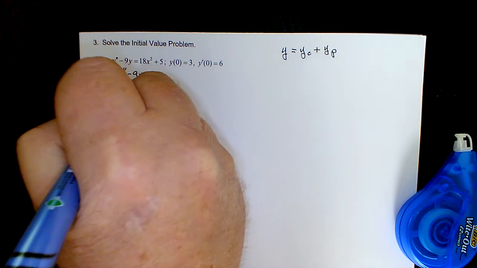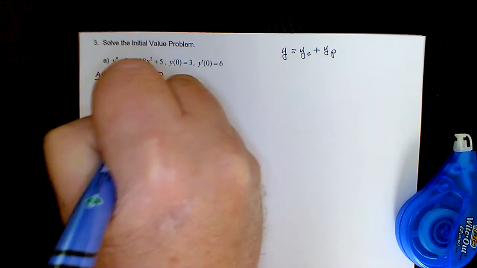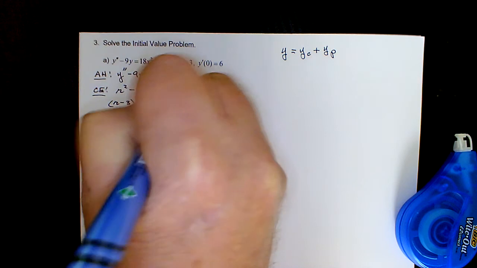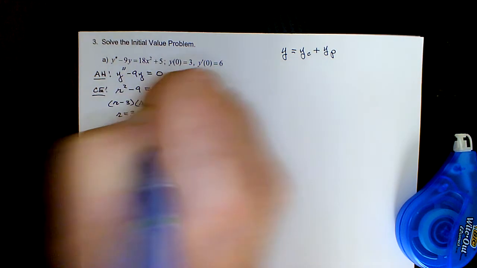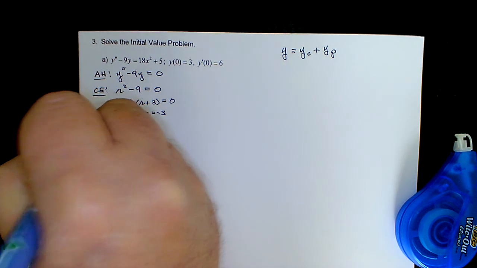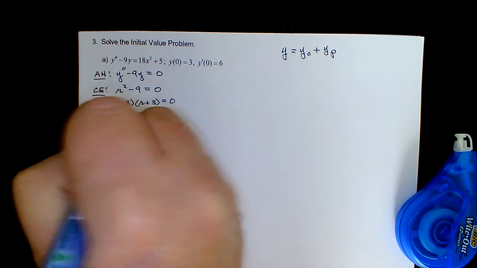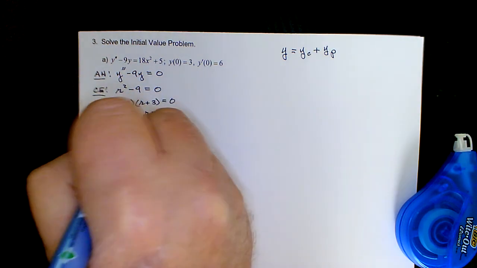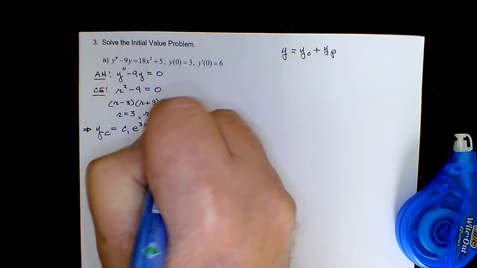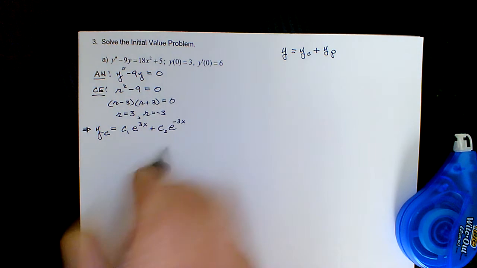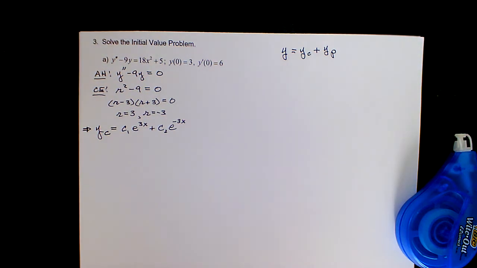That factors, or you can isolate the r squared, but factoring, get r is 3, r is negative 3. So the complementary solution, y sub c, real distinct roots, so c1 e to the 3x plus c2 e to the negative 3x. And it doesn't make a difference what order they're in, if it's c1 e to the negative 3x plus c2 e to the 3x, that's fine as well.